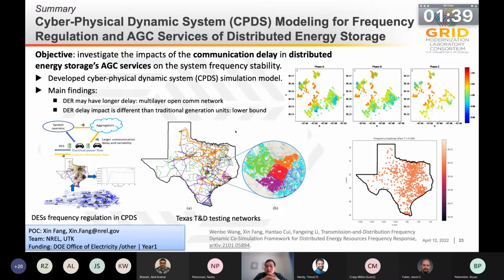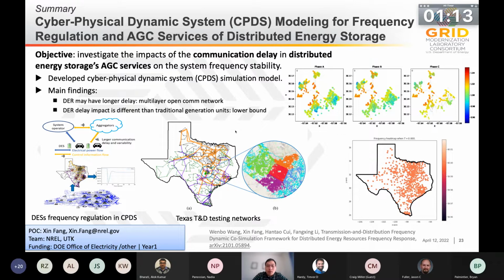Our transmission contingency is simulated, and we simulate the transmission system frequency response and the distribution networks' response following the contingency. It shows that this platform is very scalable and efficient for simulating large-scale transmission and distribution networks. In the current co-simulation, we only modeled one city, the Austin area, with full distribution feeders.